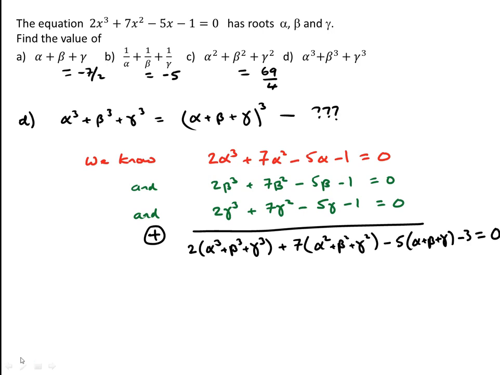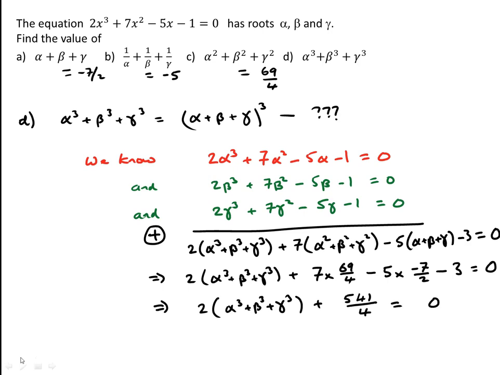So we know the value of alpha squared plus beta squared plus gamma squared. We know the value of alpha plus beta plus gamma. So we can now say that we have got 2 lots of alpha cubed plus beta cubed plus gamma cubed, plus 7 times 69 over 4, minus 5 times minus 7 over 2, minus 3 must equal 0.